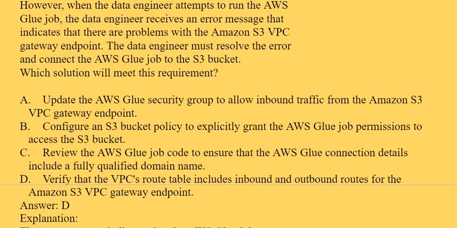Option C. Review the AWS Glue job code to ensure that the AWS Glue connection details include a fully qualified domain name. Option D. Verify that the VPC's route table includes inbound and outbound routes for the Amazon S3 VPC gateway endpoint. Correct answer is option D.